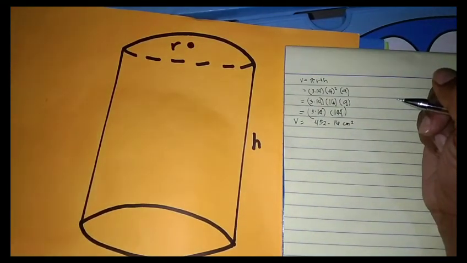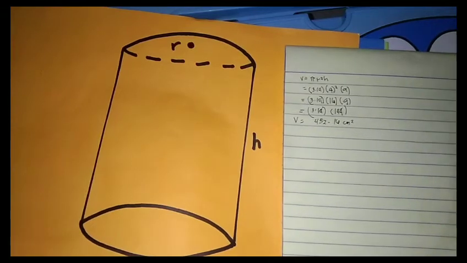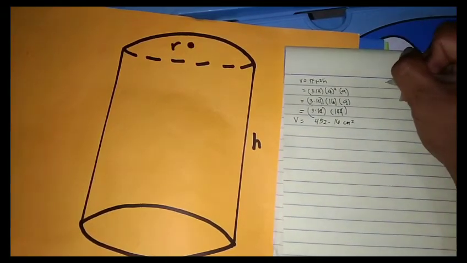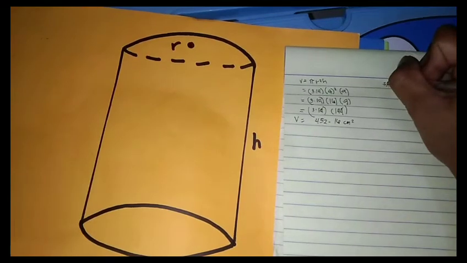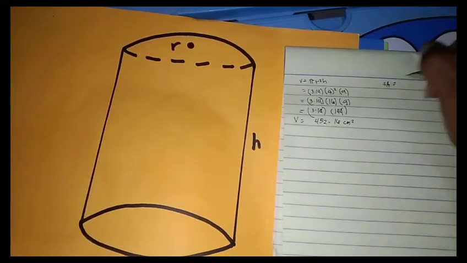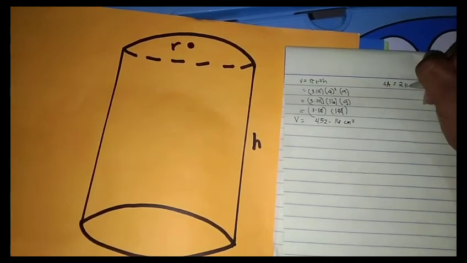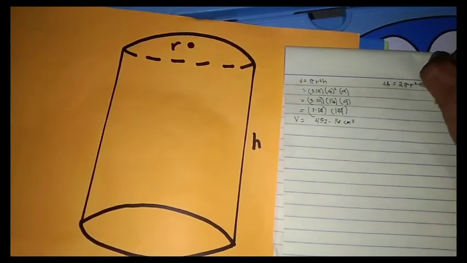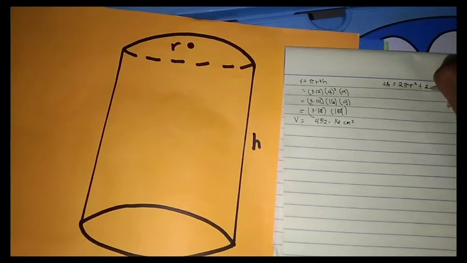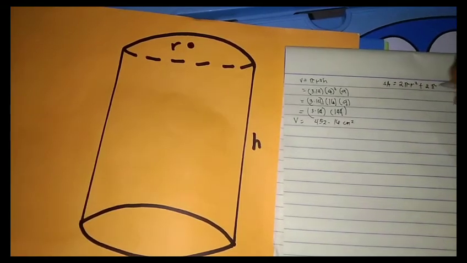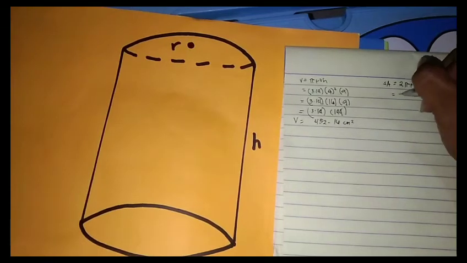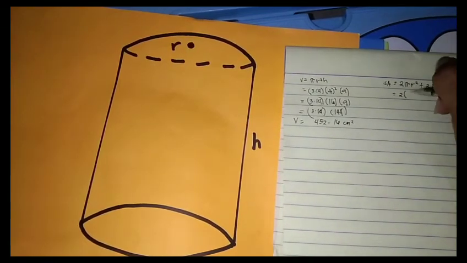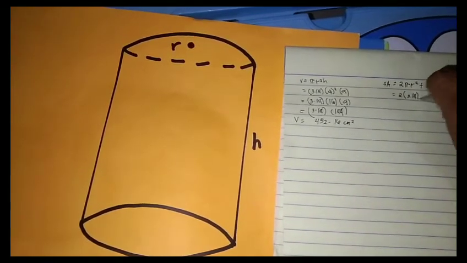And to get its surface area, we need to follow the formula of SA is equal to 2 multiplied by pi times radius squared plus 2 multiplied by pi times radius times height. Copy the 2. The value of pi is 3.14.